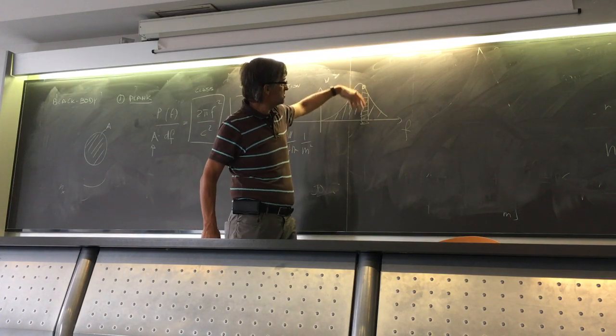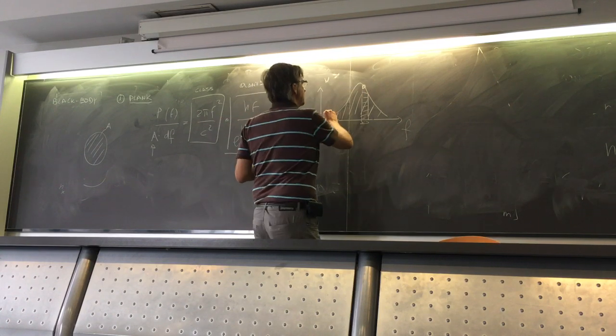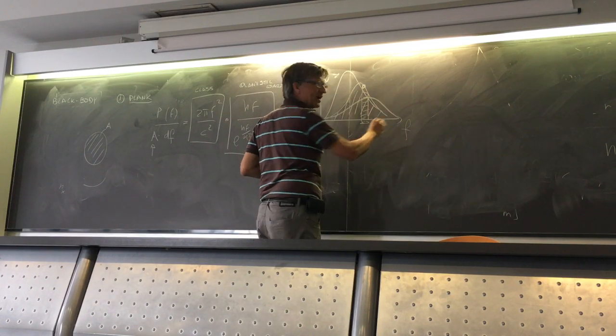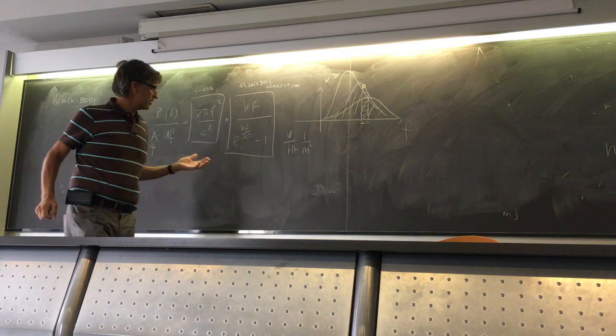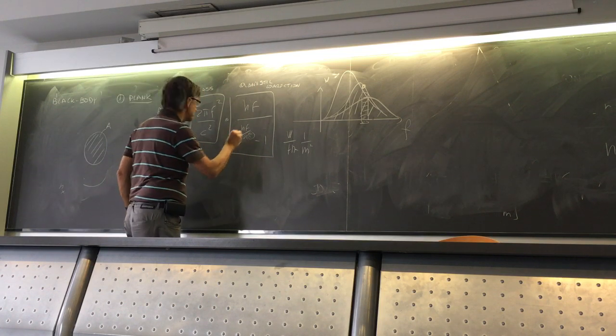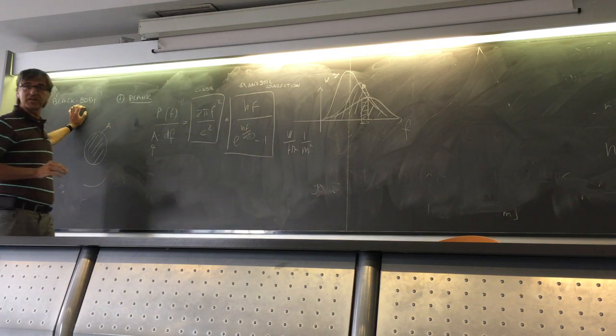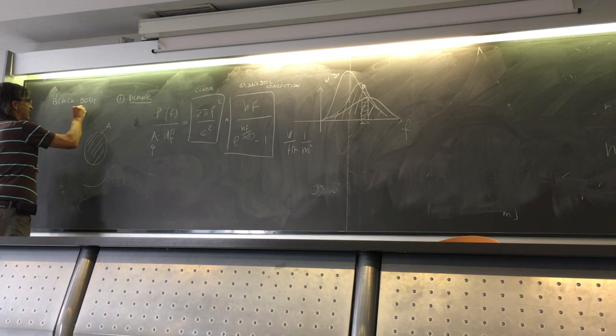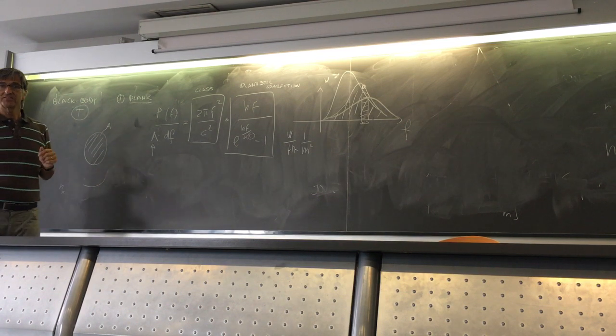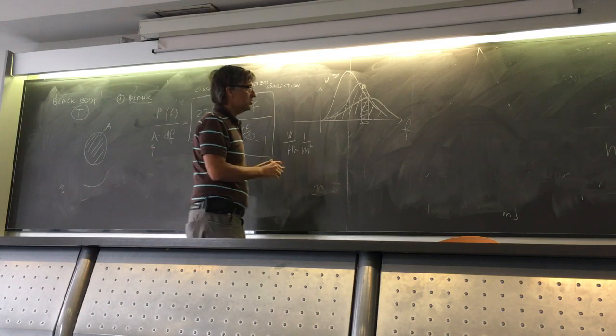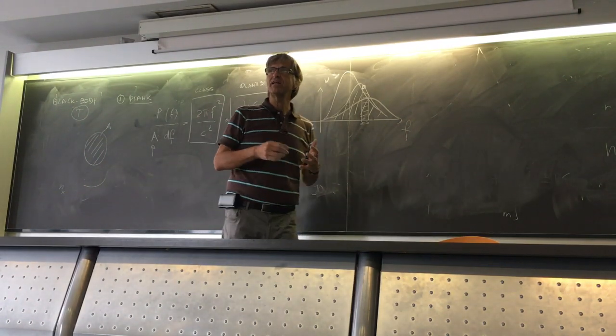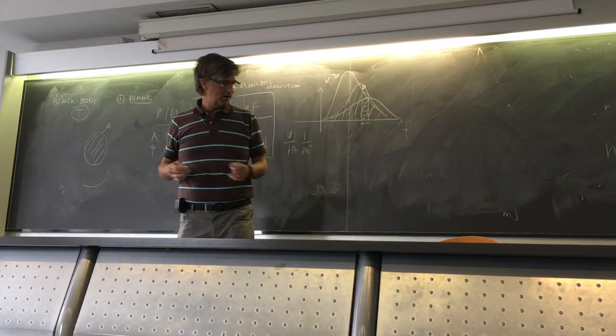What makes this function change? Temperature. So remember that the power spectrum depends only on the temperature of the body. Okay? And it emits more if it is at higher temperature.